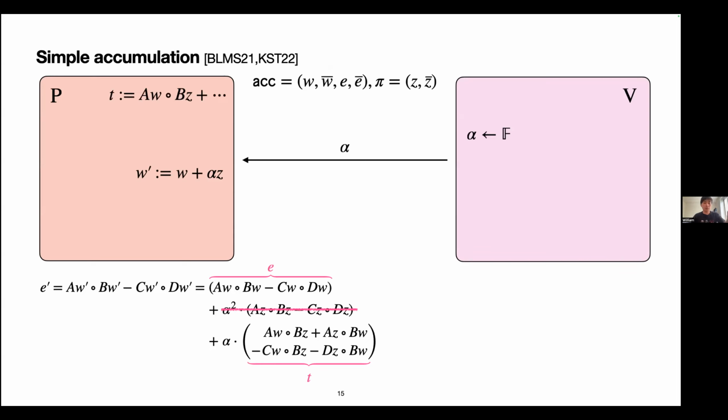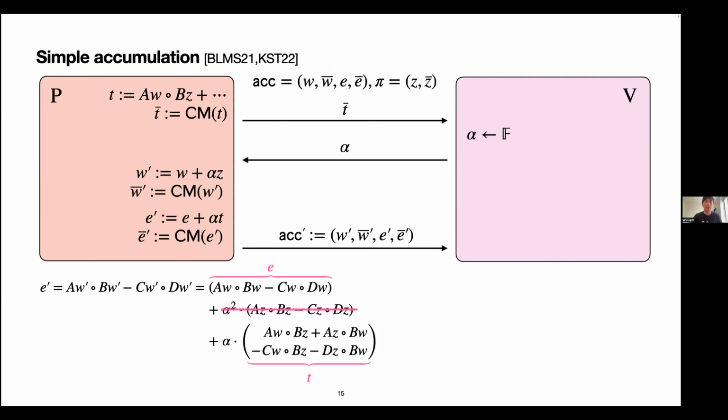And so the prover will first compute T as well as its commitment and send it to the verifier. The verifier responds with the random challenge. The prover will now compute W prime and E prime as well as their commitments. And this constitutes the new accumulator Acc prime. The prover will send this back, and the verifier will check that the prover computed the new accumulator correctly.